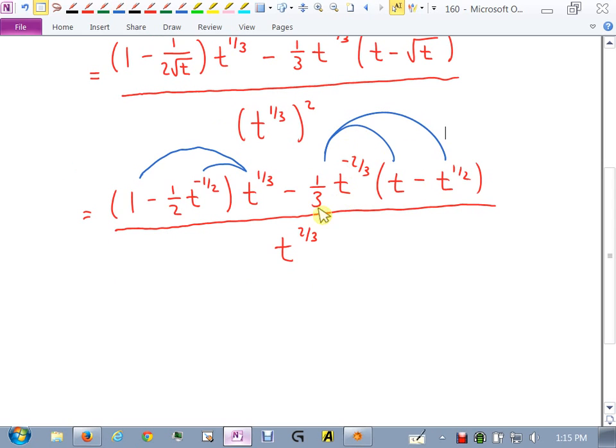So let's try this first one. T to the 1/3, distribute through to a 1. You just get t to the 1/3, 1/3 times all of this. Negative 1/2 still there? Yes? What power of t do I have? So I have to add these two together, right? Negative 1/2 plus a 1/3. Yes?